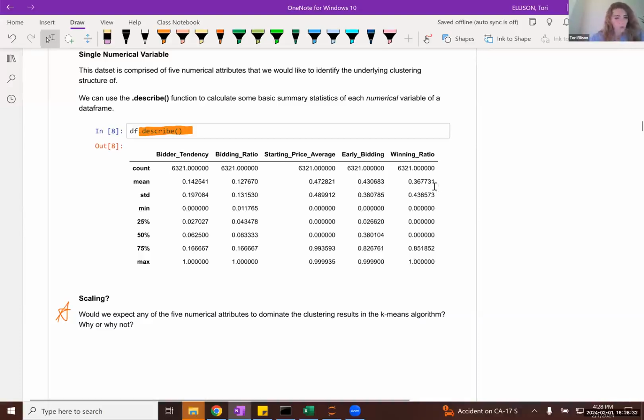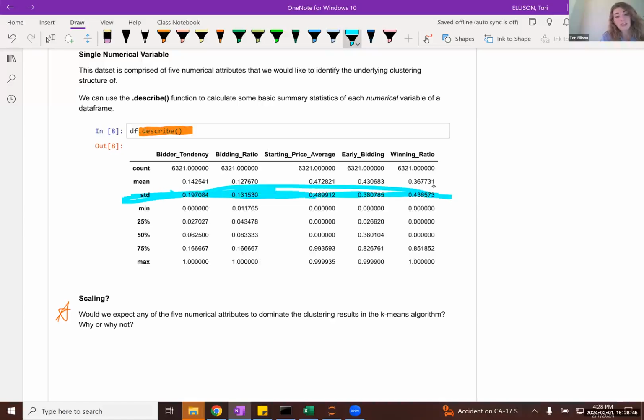So we're going to explore this question more in our homework assignment, but something that you want to be focusing on in particular when you explore the summary statistics of your data set initially is the standard deviation of each of your numerical variables.